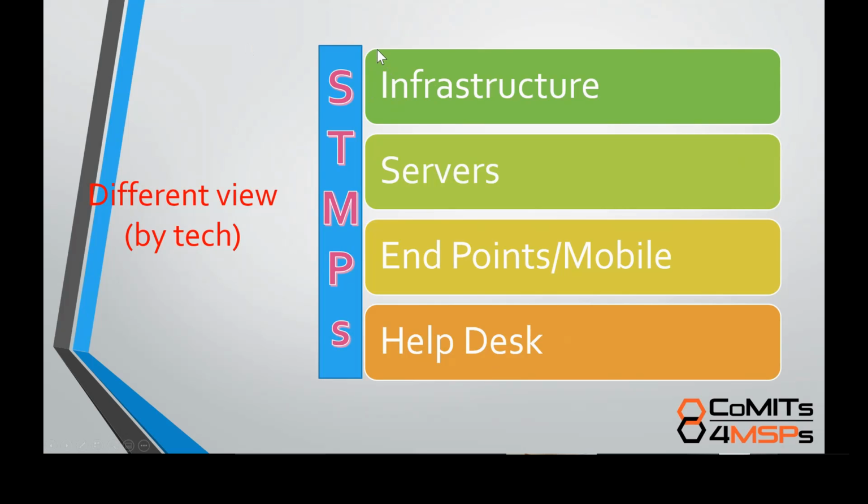But then what we do is we break down whose responsibility it is to actually perform the services and maintain these things. So you can kind of look at the first 2, infrastructure and servers. Well, that's really a level 3 job usually, for the most part. And the down points, endpoints, mobile, and help desk, those are really the level 1, level 2.